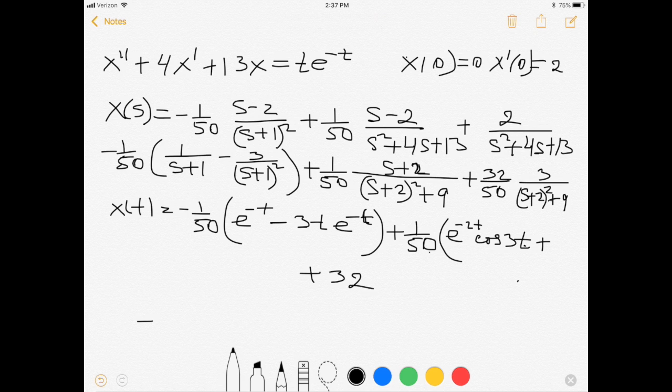This is very similar. We have e to the negative 2t sine 3t. Finally, we're done with this example.